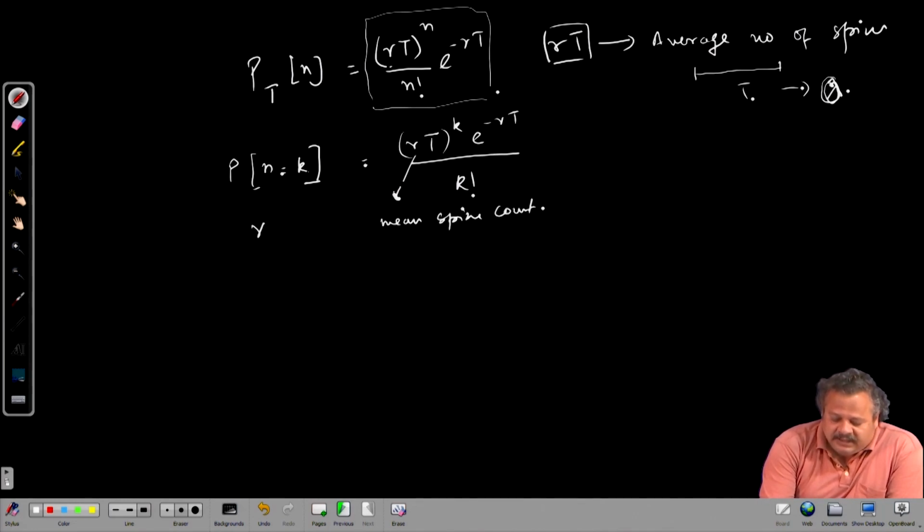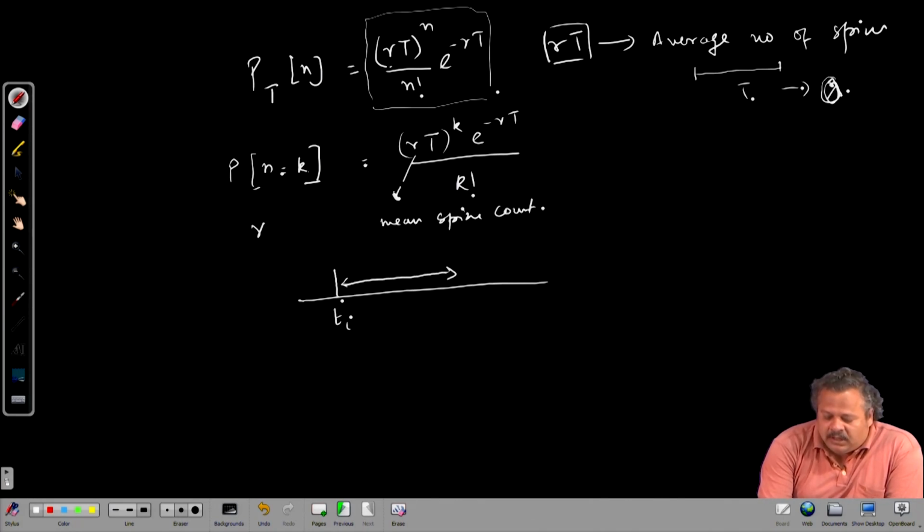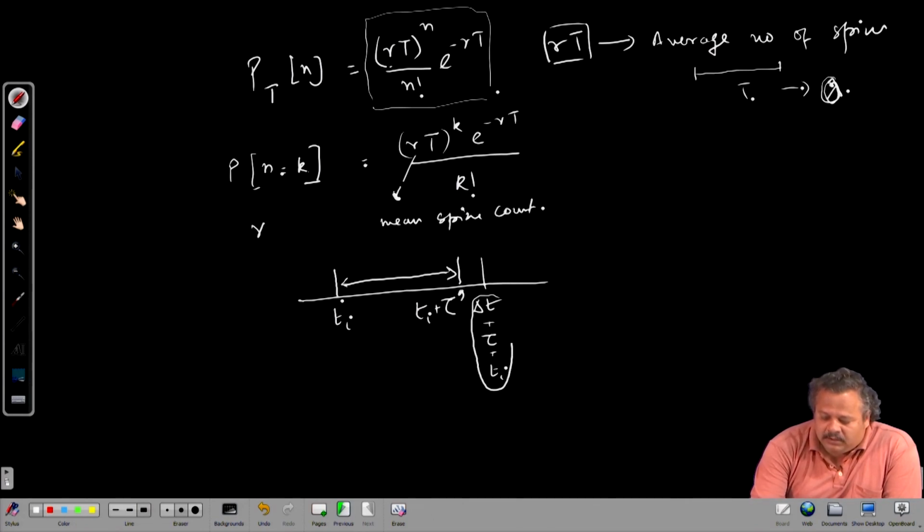Let us say that there is a spike occurring at time point Ti, and the next spike needs to occur at a time tau after Ti, that is in a small window delta T, between Ti plus tau and Ti plus tau plus delta T.